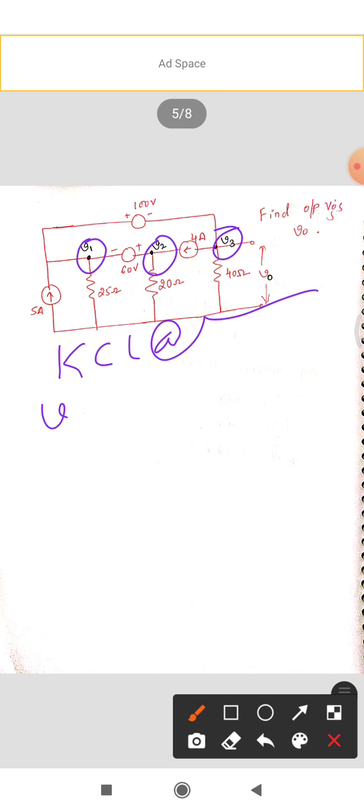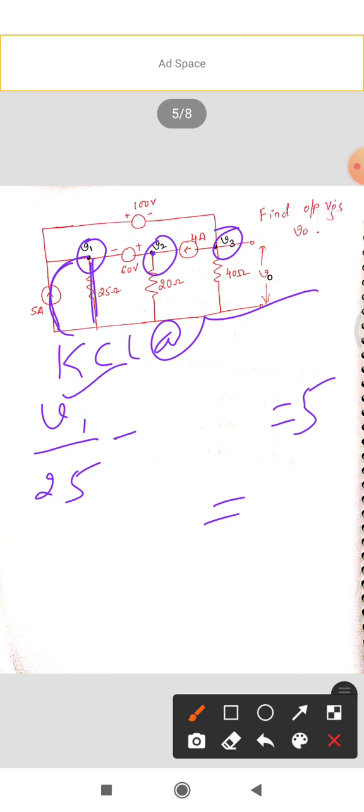At V1 it will be V1 divided by 25. You also have an independent current source, which we used to write on the right hand side. Is it entering or leaving? It is entering, so I'll take it as 5. Then I'll come back again to the left hand side. At V1 only 2 branches are connected here. Here we get a voltage source, which we have to consider for the next equations.